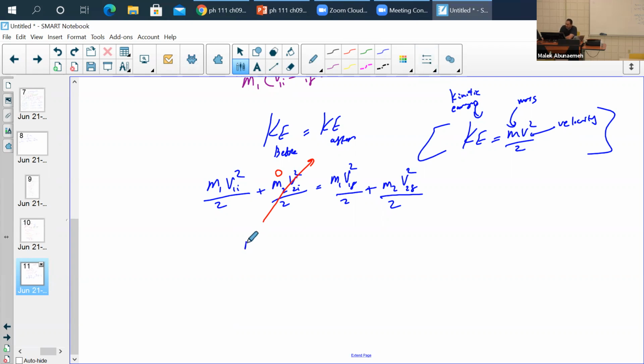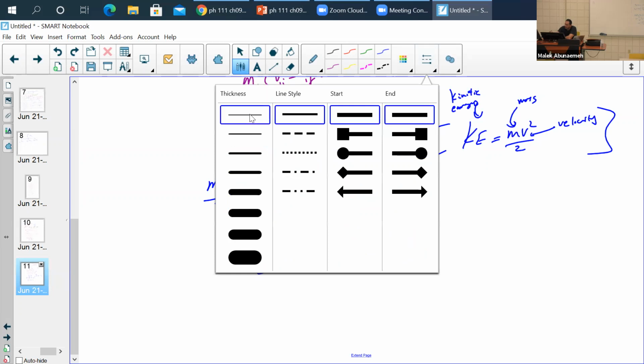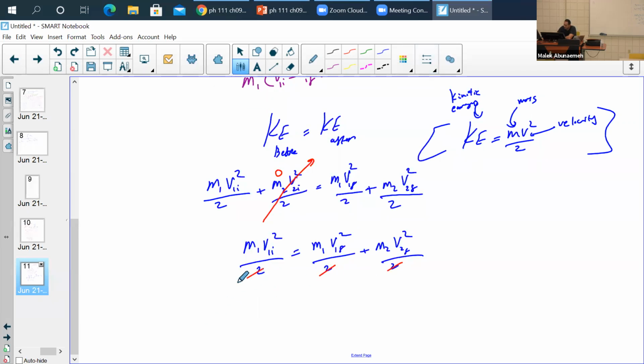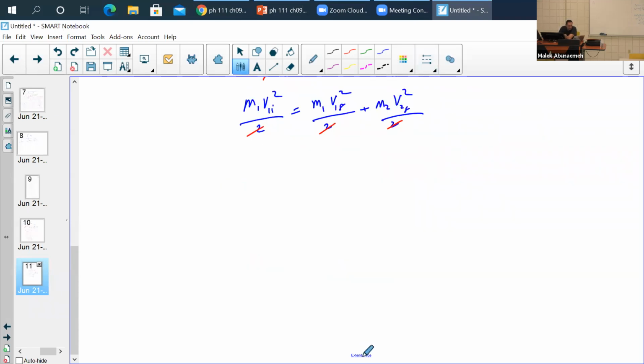Okay, so what do we have? We have M1 V1 initial square over 2 equals M1 V1 final square over 2 plus M2 V2 final square over 2. Now, we can actually multiply by 2, so all these 2s are going to go away. So what we have is M1 V1 initial square equals M1 V1 final square plus M2 V2 final square.